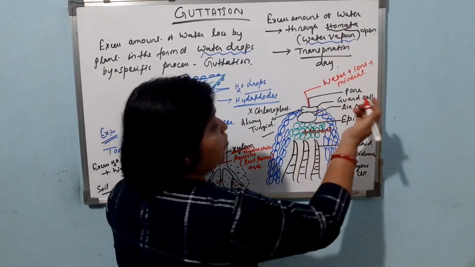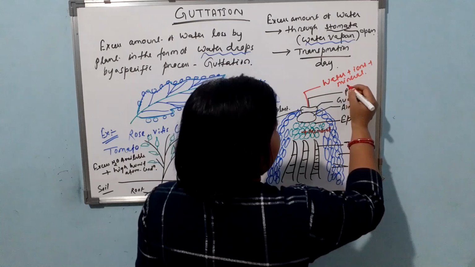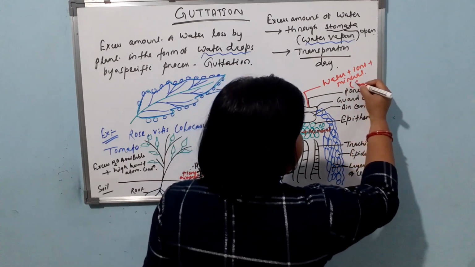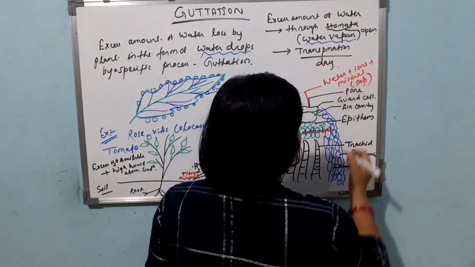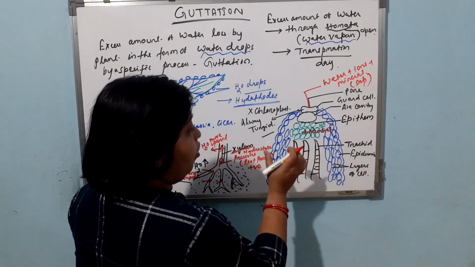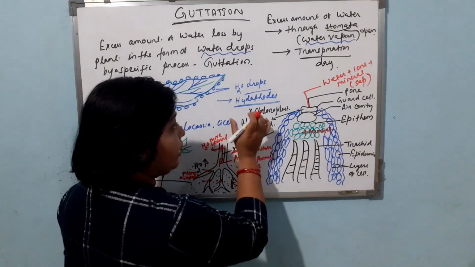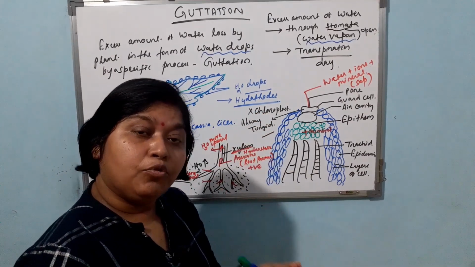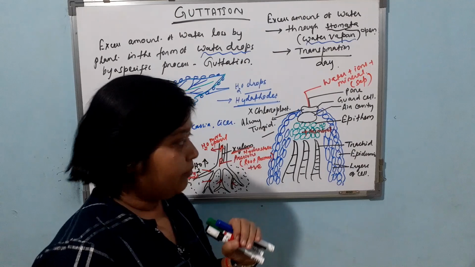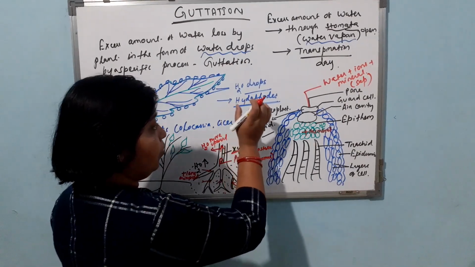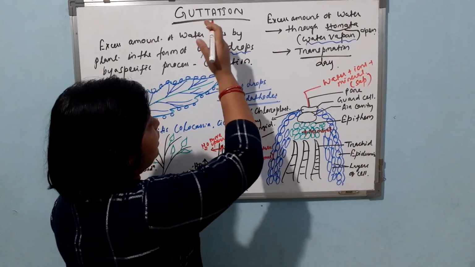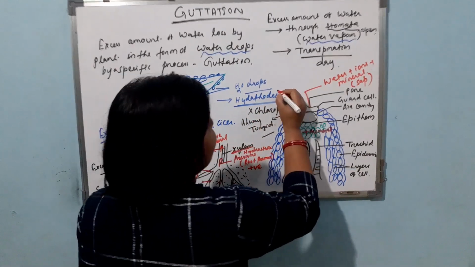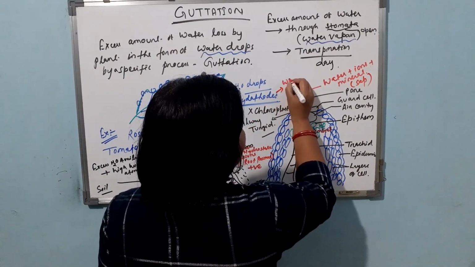That's why we can say guttation water is a sap. The only function of hydathodes is the removal of excess water. They only help in the guttation process. That's why hydathodes are also known as water stomata.